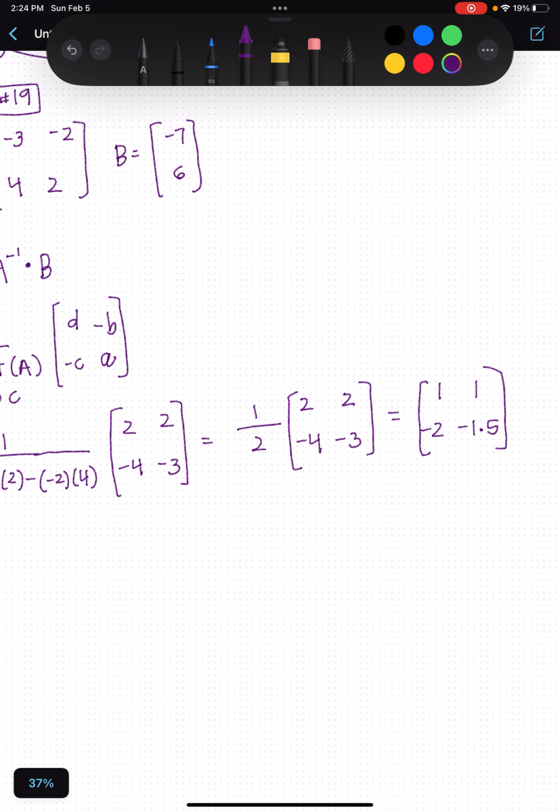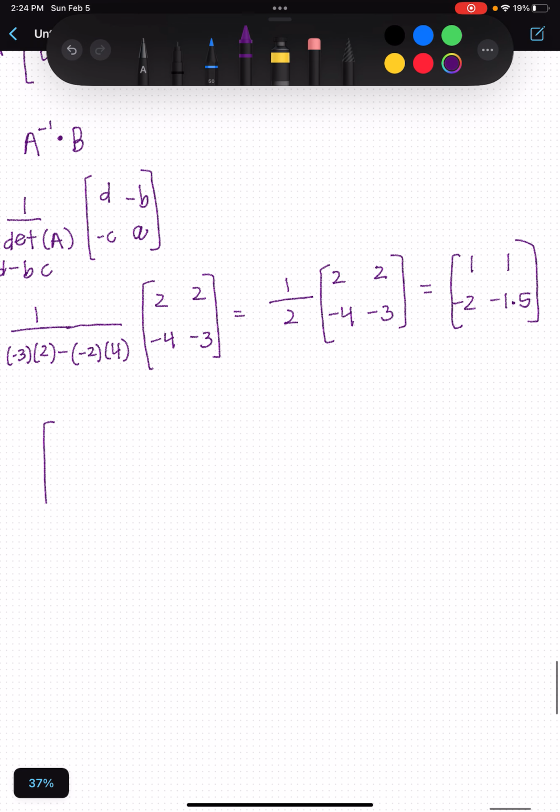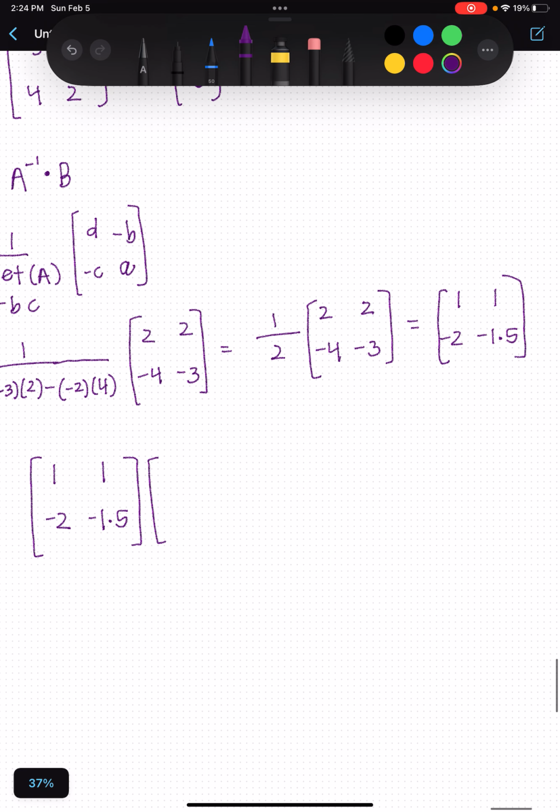Great. So now we're going to multiply it by matrix B. So I'm going to have 1, 1, negative 2, negative 1.5 times the matrix B, which was our answer matrix, negative 7 and 6.